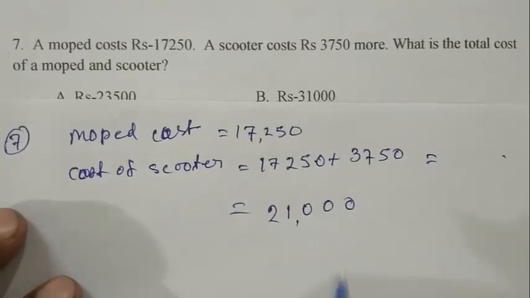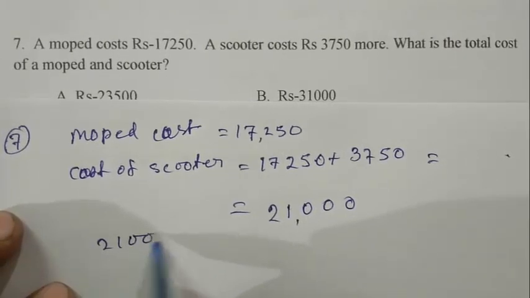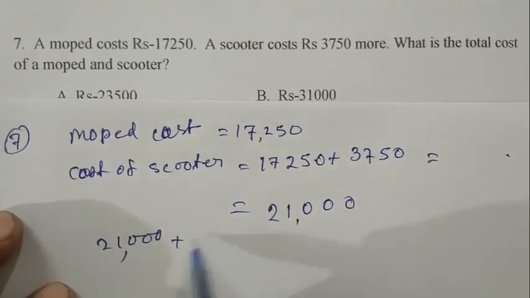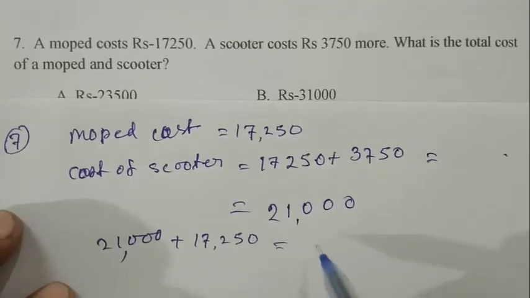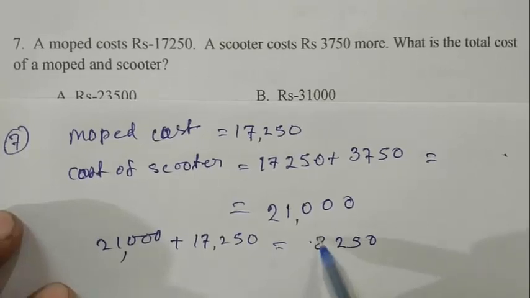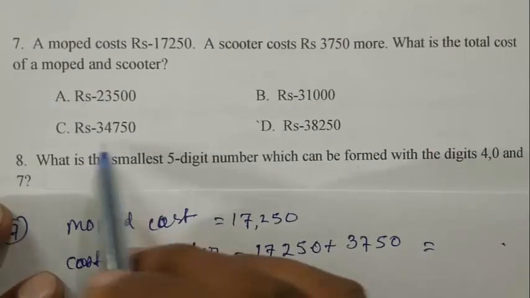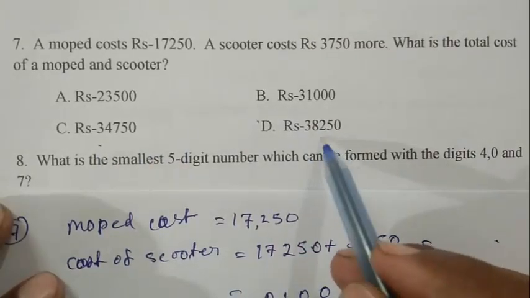So the total cost of scooter and moped is 21,000 plus 17,250, that is 38,250. D.